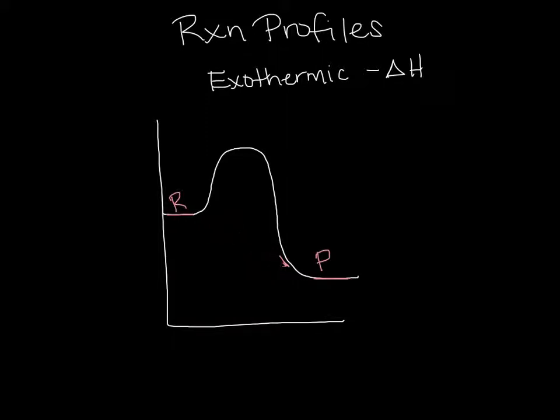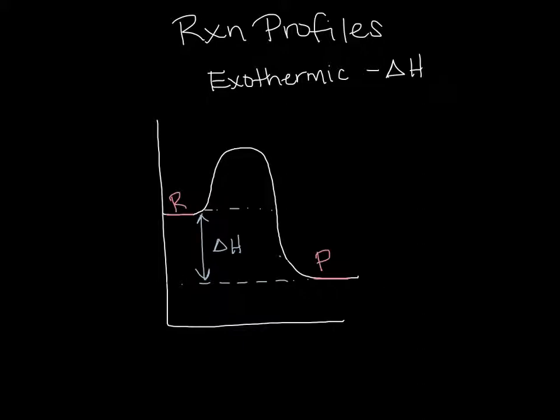Okay, so now let's break down this graph and see what else it's going to tell us. If I draw a little dashed line from the plateau of my reactants and the plateau of my products, I'm going to get this section right here. This section is my delta H. My delta H is equal to the heat of my reaction, or how much energy in this case is being released.